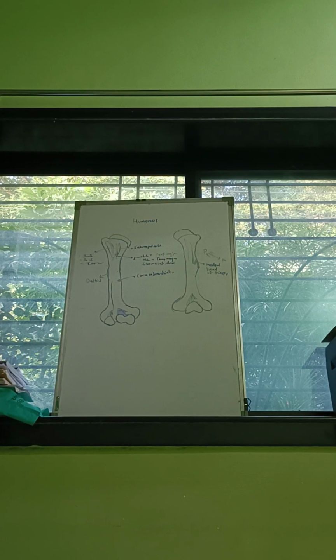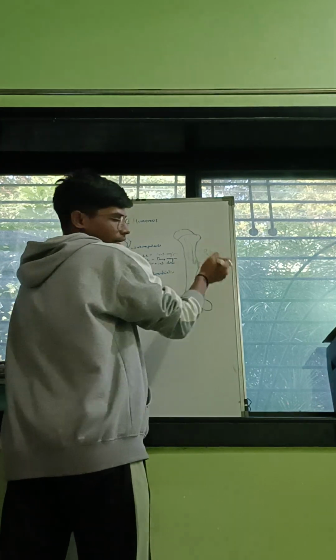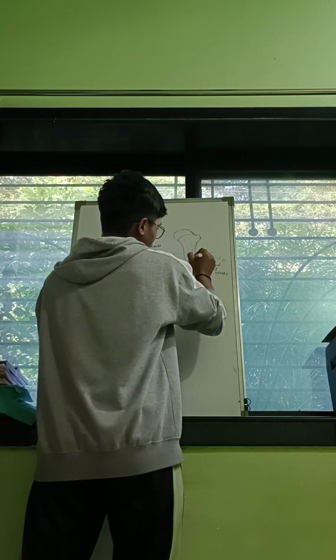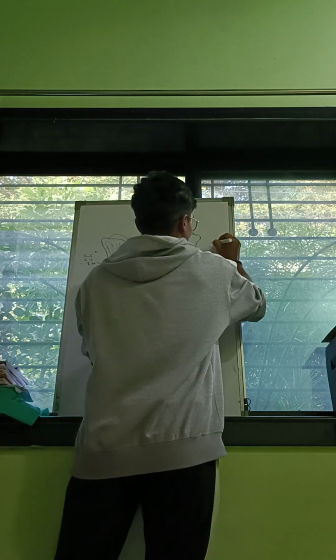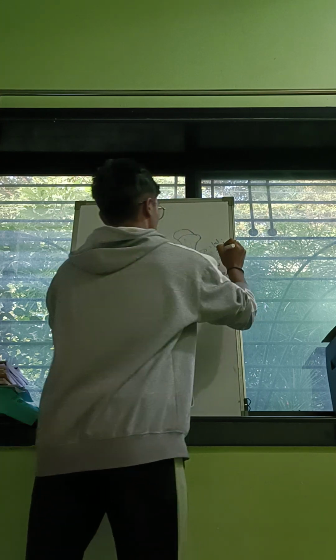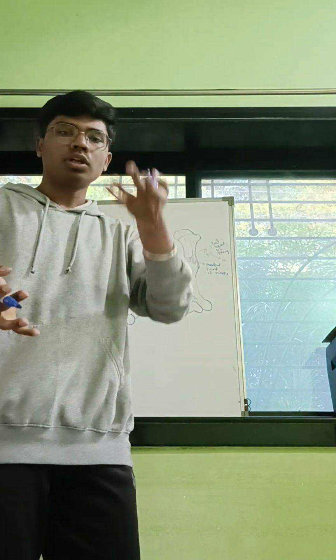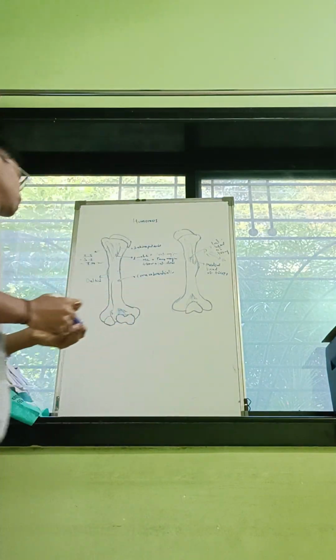And if it is above the radial groove, the muscle attached is the lateral head of triceps. So above the radial groove, lateral head; below the radial groove, the medial head of triceps.